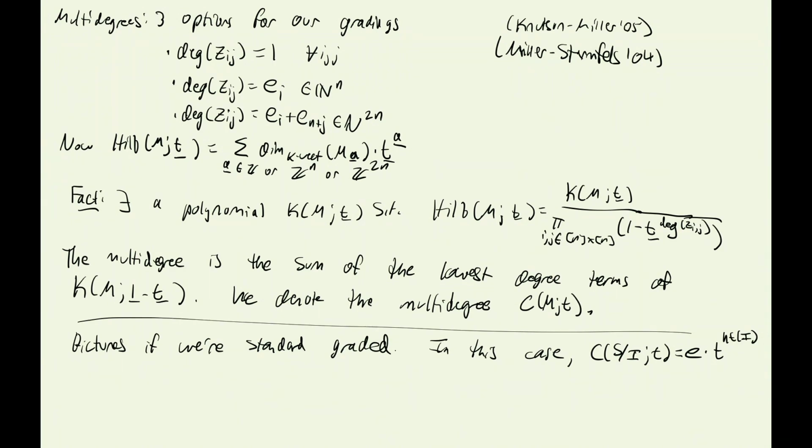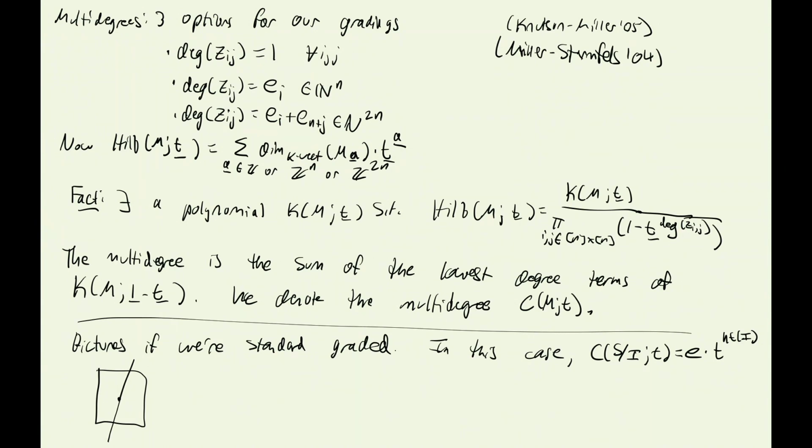So from the multidegree in the standard graded case, we read off immediately the codimension of our variety. And also, we get this nice integer e that is often just called the degree. The degree means something from a picture standpoint. For example, if we return to our plane with a line through it, then the degree asks: if we intersect with enough hyperplanes so that we get down to finitely many points of intersection, how many points of intersection do we have?